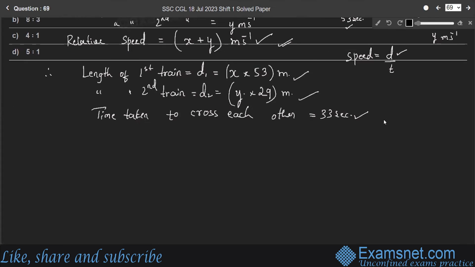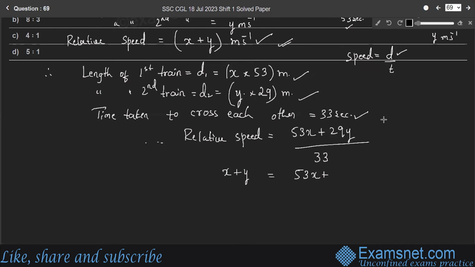Here time is given, and we have the relative speed and the total length, right? Therefore, we use the formula: relative speed is equal to the total length of the two trains, which is 53x plus 29y, divided by the time taken to cross each other, 33 seconds. Therefore, relative speed x plus y is equal to (53x plus 29y) by 33.